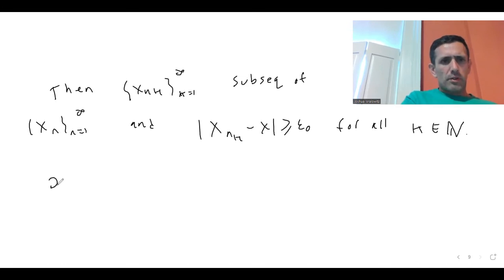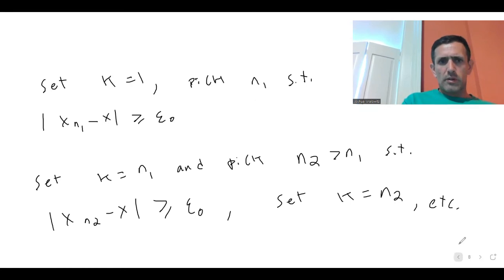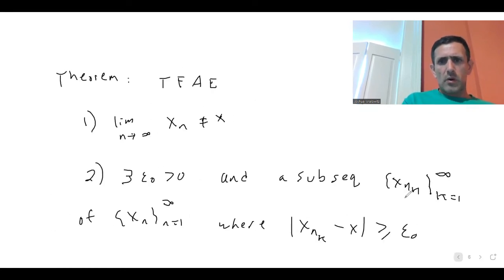Okay, so 2 implies 1 is quite a bit easier. If 2 is true, well, let's just take the subsequence.